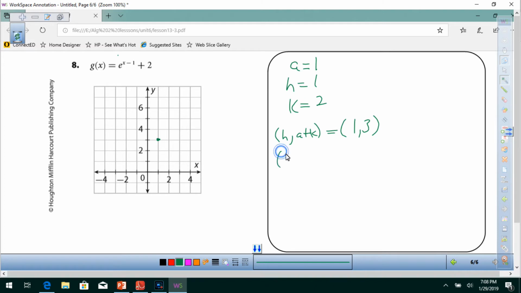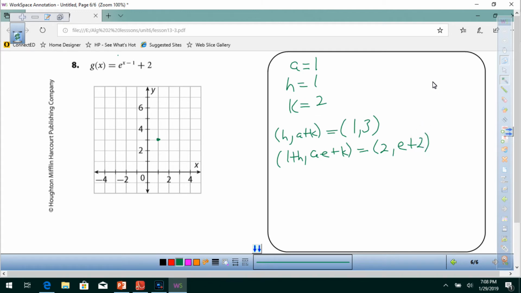Now, my second point is going to be 1 plus H and then A times e plus K. So let's try that. 1 plus 1, that's going to be 2. A, 1 times e, so that's going to be e plus 2.